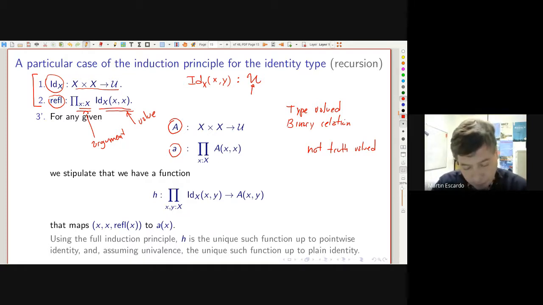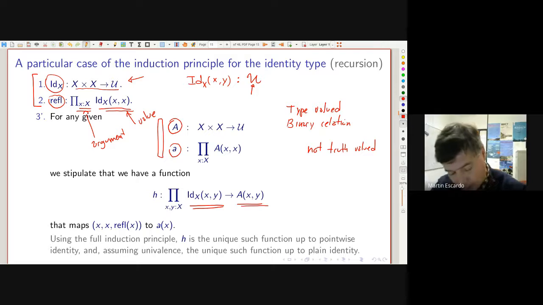And so now we want to say that if you're given this data here, then we have a function that maps the first one to the alternative one. The input of this function, well, there are actually 3 inputs.